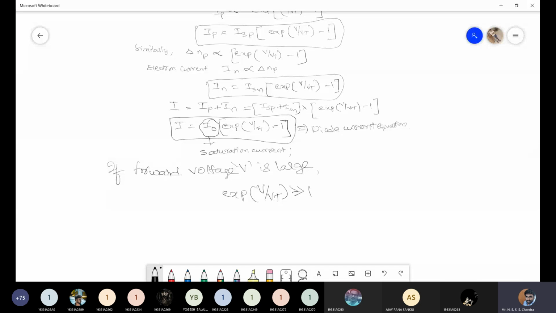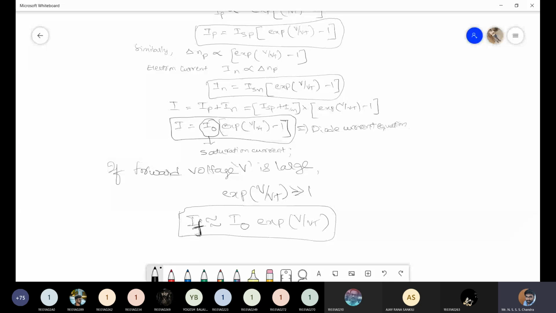So I can rewrite this equation as nearly equal to I naught into exponential of V by Vt. If the forward voltage is large, the exponential value will be much larger than 1, so I'll be neglecting this 1. I will write this as IF, forward current.